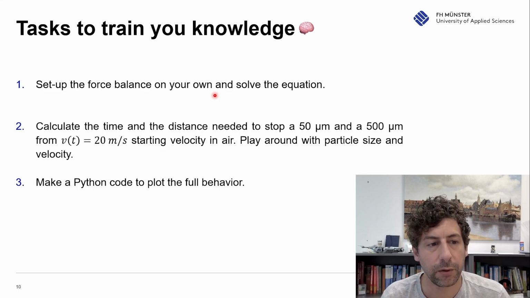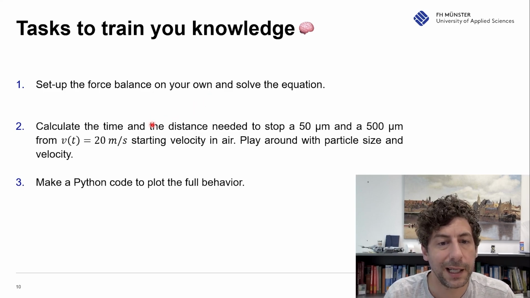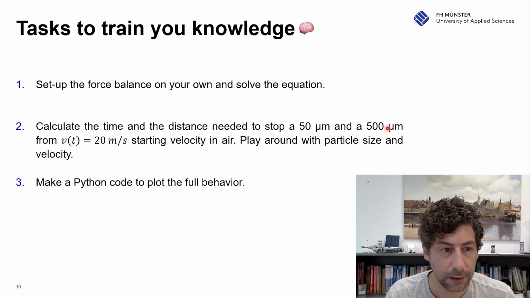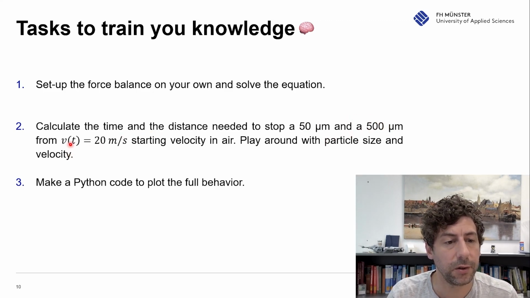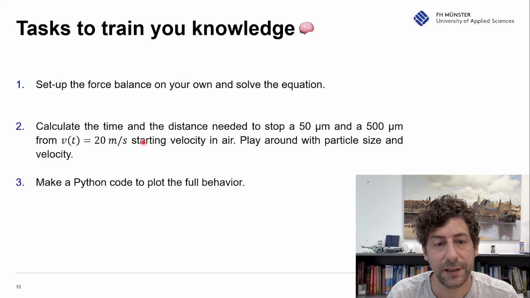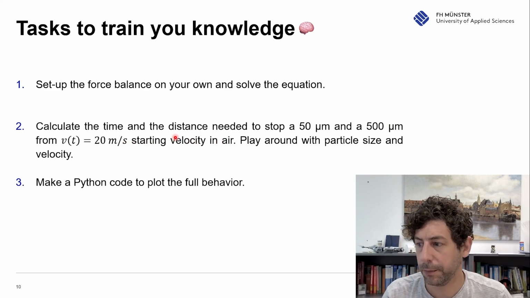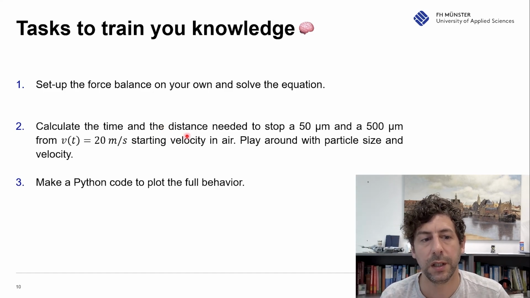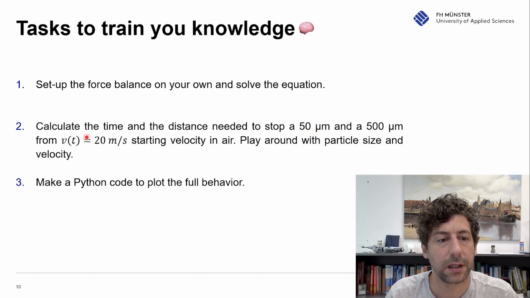And then calculate the time and distance needed to stop a 50 micron and a 500 micron particle with a starting velocity of 20 meter per second in air. You could do it for water, then you can compare it to my results, or you can use any kind of material. This is something you could calculate by hand.